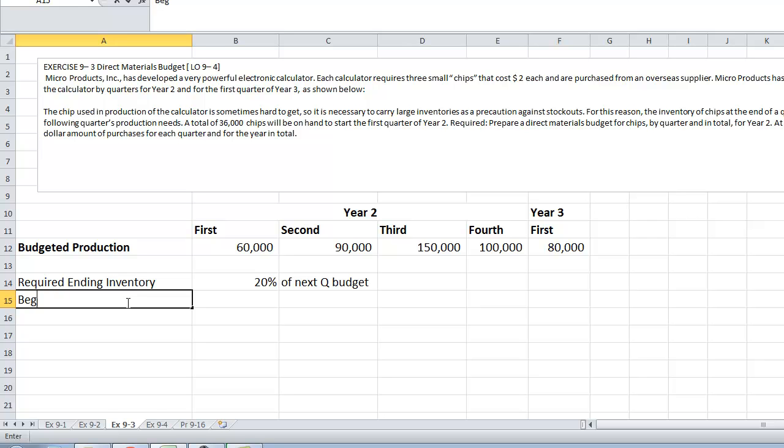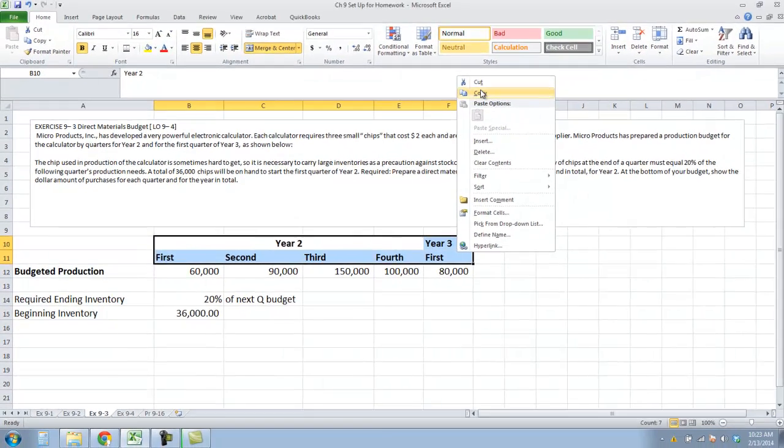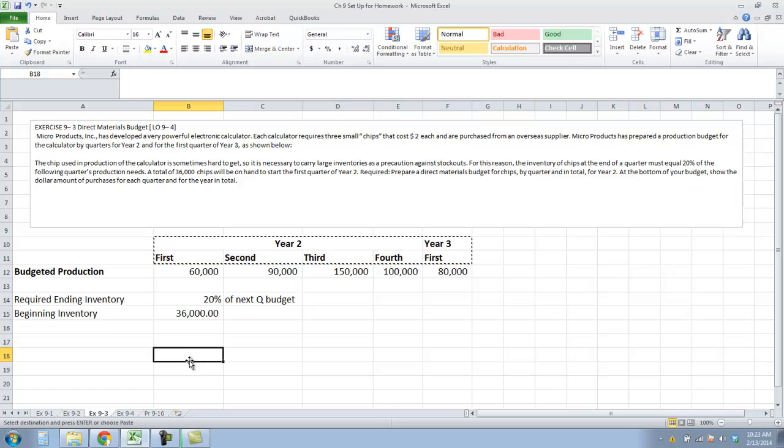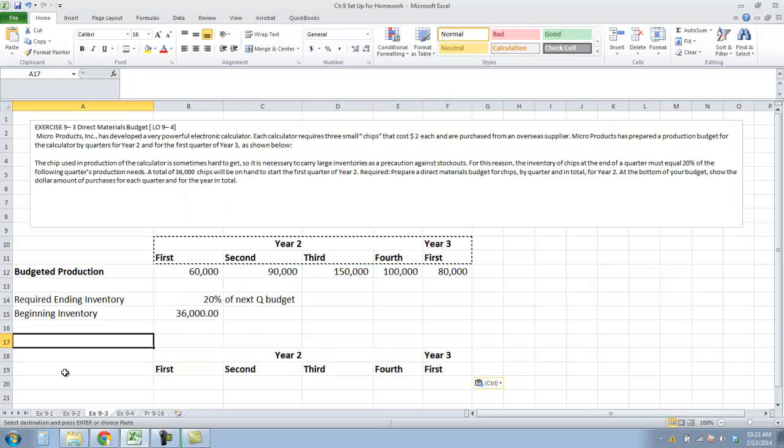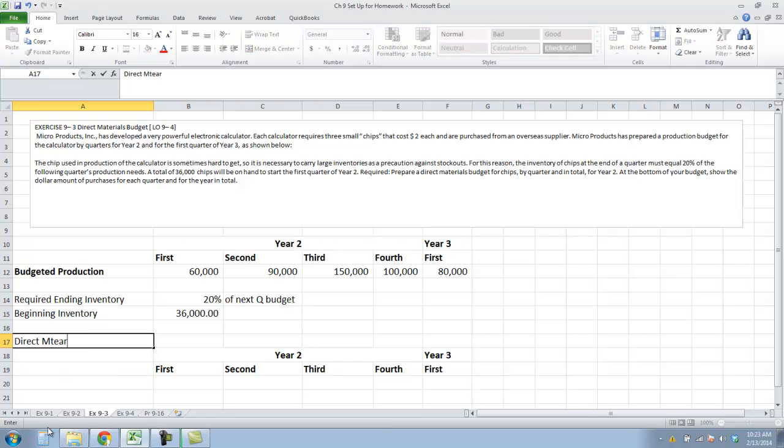Beginning inventory, this is the information given in the problem, 36,000 units. Okay, so I'm just going to copy the time frame here, and we are going to make a direct materials budget.